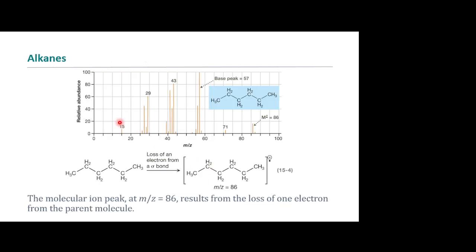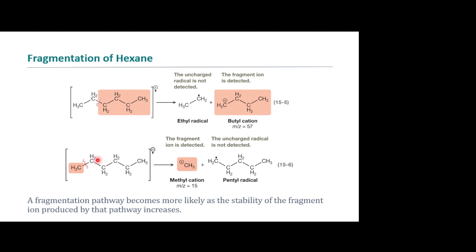Notice which one that is. That's that one right there, right? You wouldn't expect the methyl with the positive charge on it to be very stable, would you? And so if you think about it even a little bit, it makes a huge amount of sense that you have barely any peak, right? That's not the pathway that's going to be the most stable.